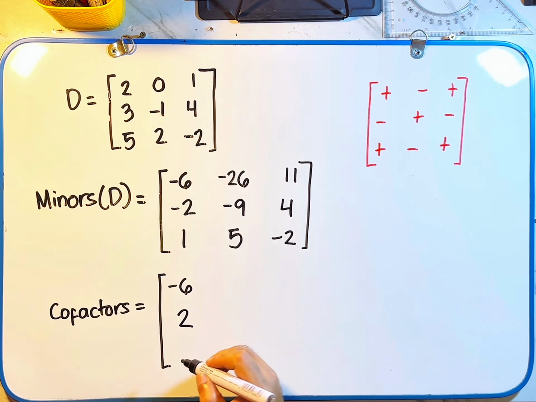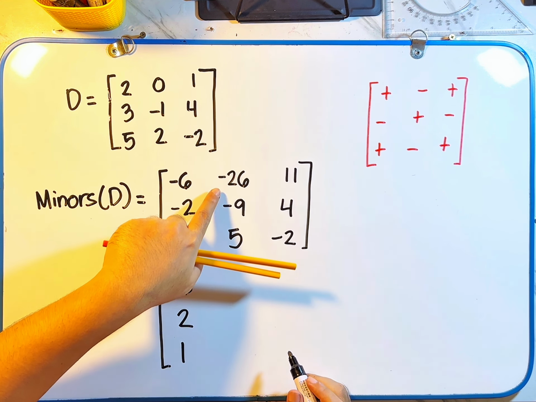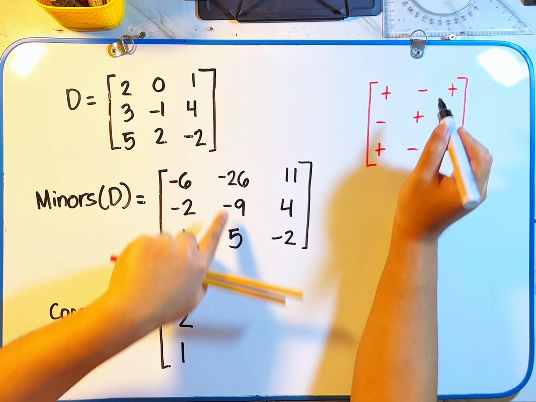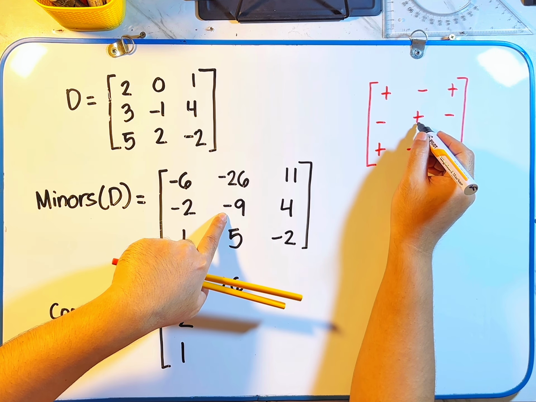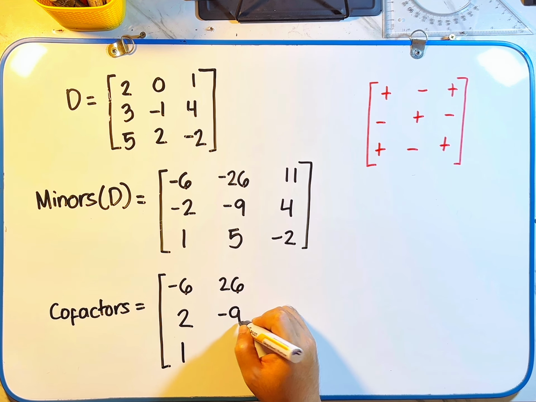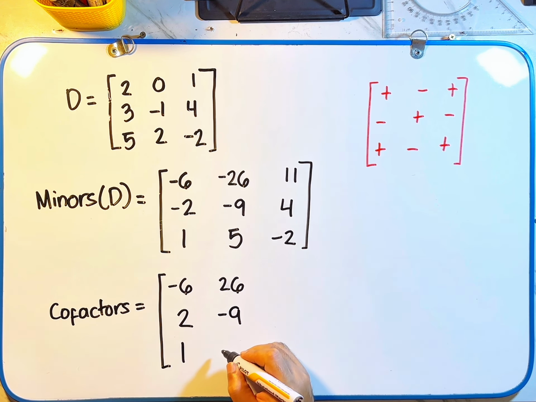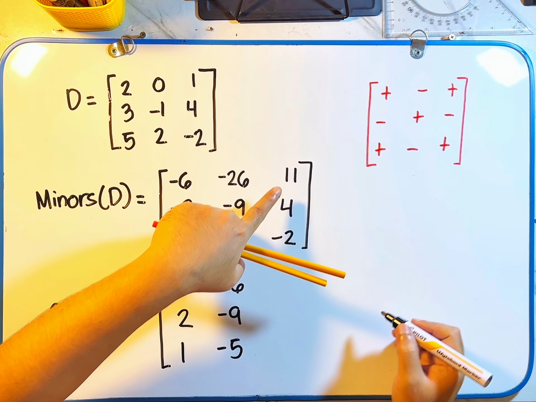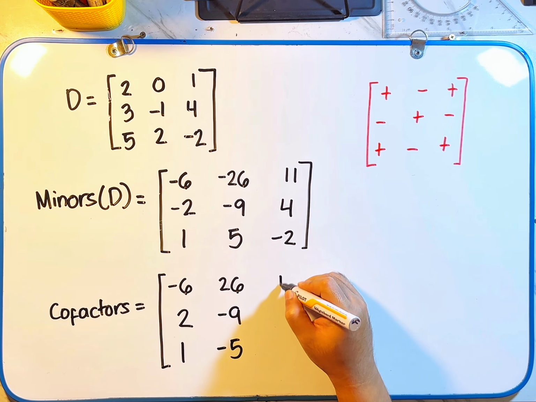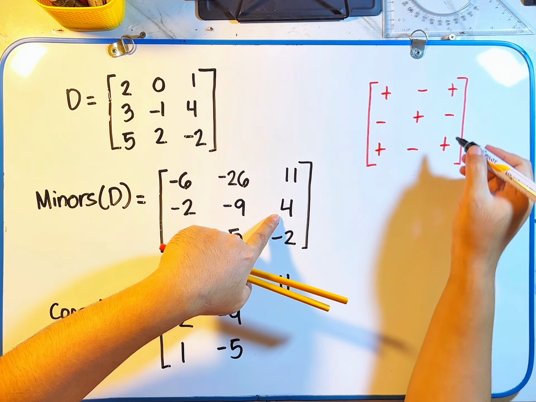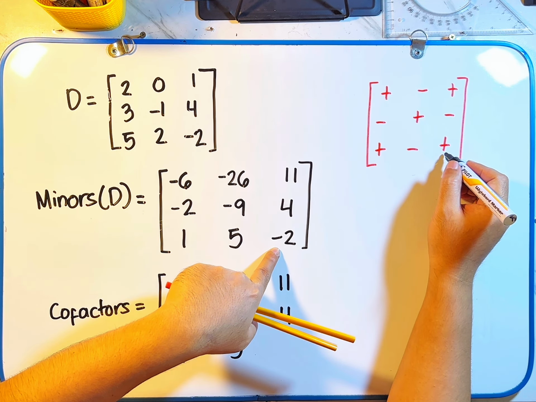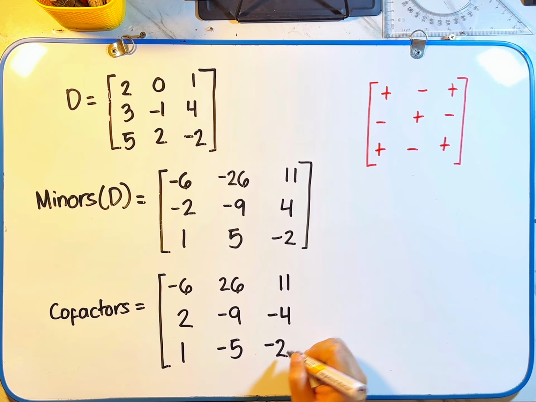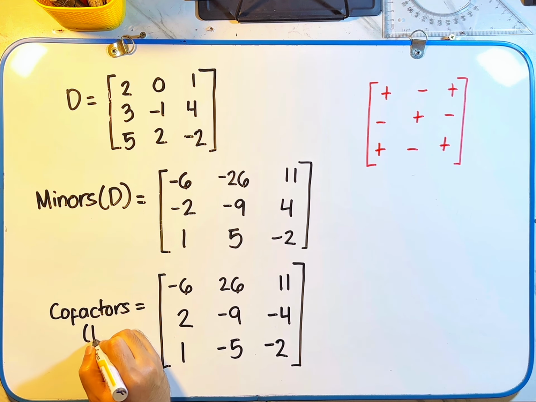Positive 1 times positive, still positive. Negative 26 times negative, that's positive 26. Negative 9 times positive, still negative 9. And positive 5 times negative becomes negative 5. 11 times positive, positive 11. 4 times negative, so negative 4. Negative 2 times positive, so negative 2. That's it. That's your cofactors of matrix D.